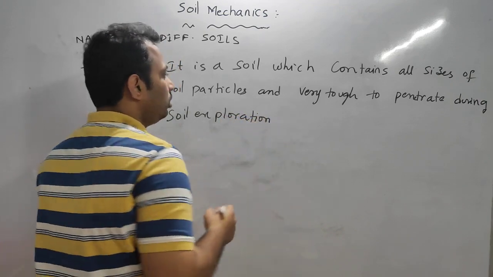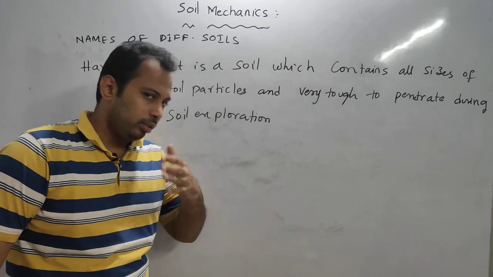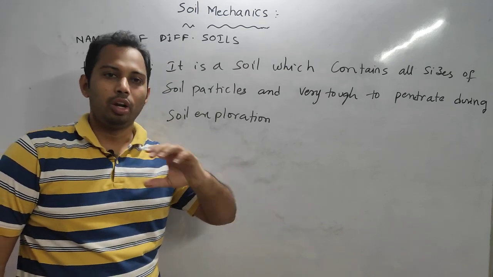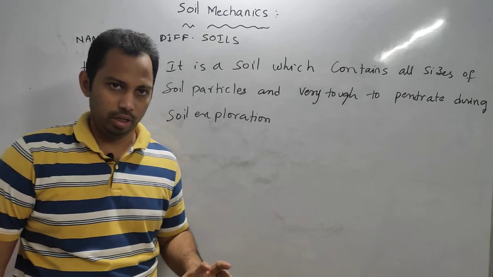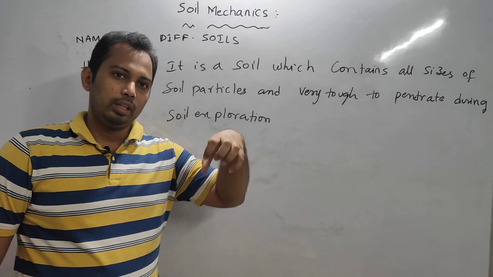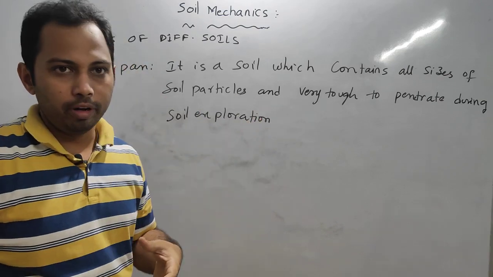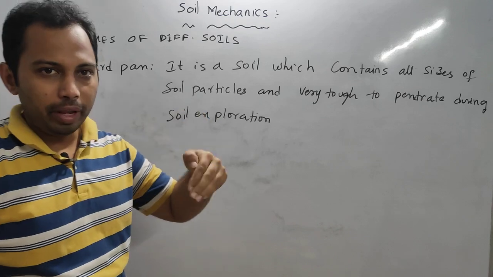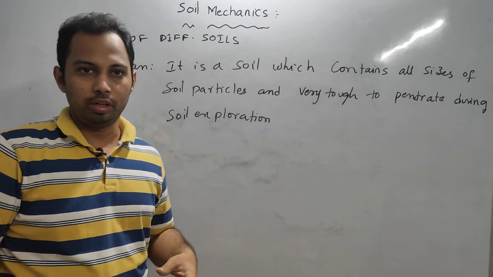See, hard pan is a kind of soil which is like a rock. Simply we can say it is like a rock only, but it is soil actually. So it is very tough to drive the penetration tools when you are doing soil exploration.